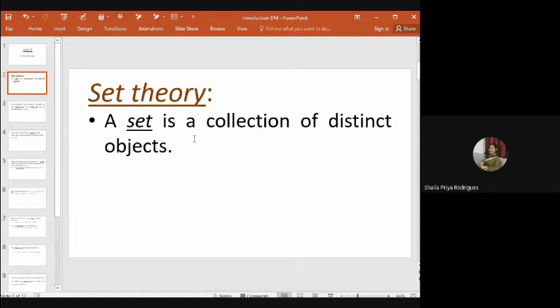Right? What do you think is the difference between these two definitions? Put it up in the chat or you can unmute and speak. What do you think is a well-defined collection of objects?